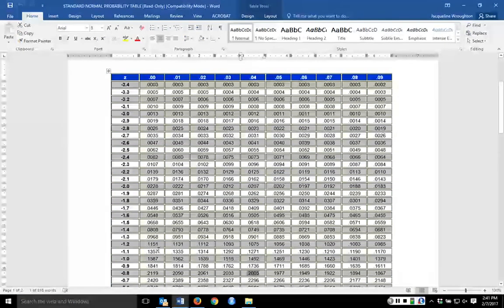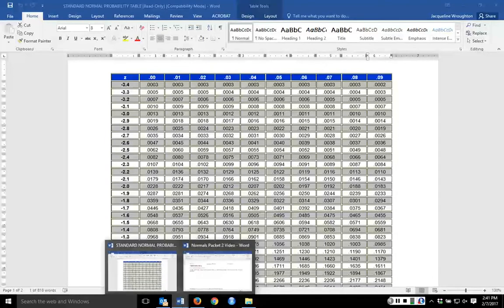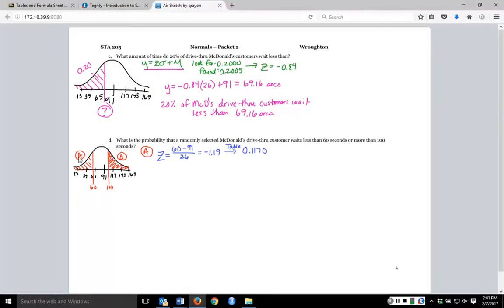There's negative 1.19. Remember, the table shades left. The good news is this piece for part A also wants shaded left. So for this piece, that is our probability. So that is this piece.